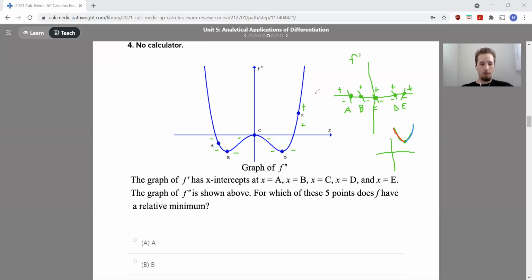Also, there is another way to do it, in which case, if we know that f prime of x is equal to 0, and f double prime of x is greater than 0, well, we know that x must be a minimum, or local min, relative min.